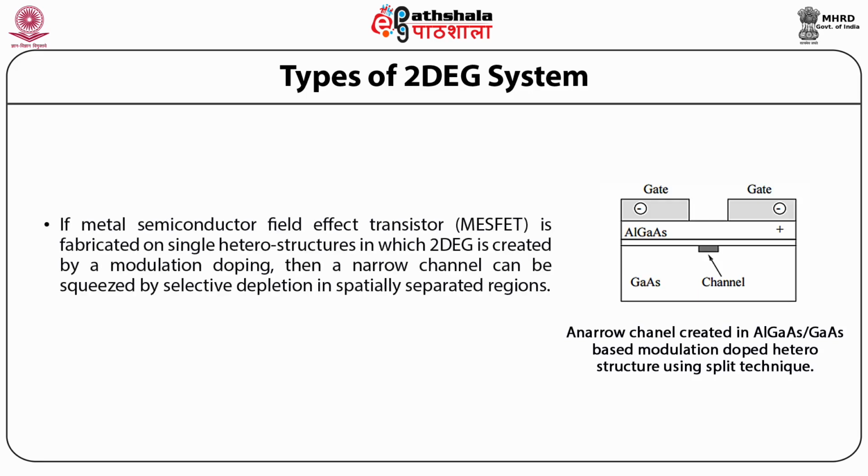Now, if a metal semiconductor field effect transistor, that is MESFET, is fabricated on a single heterostructure in which 2DEG is created by a modulation doping, then a narrow channel can be squeezed by selective depletion in spatially separated regions. This is the simplest way to create a lateral confinement using split metallic gates as shown in the below figure.